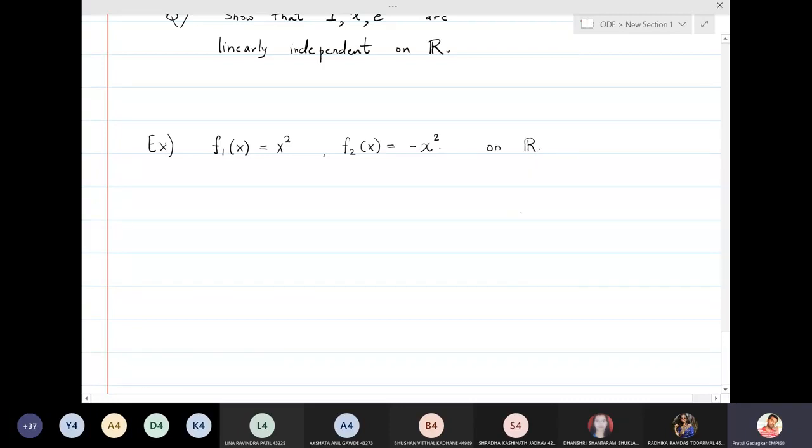Now, are these two functions linearly dependent or linearly independent? Is the set {f1, f2} a linearly independent set?